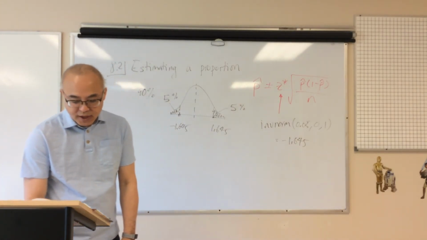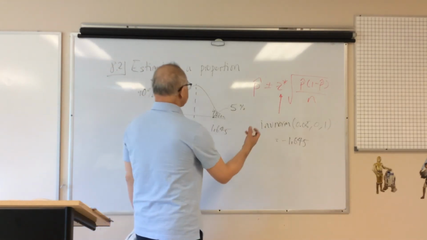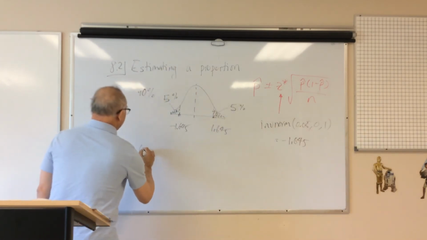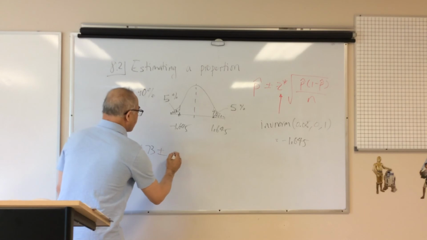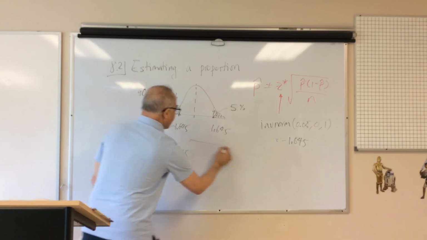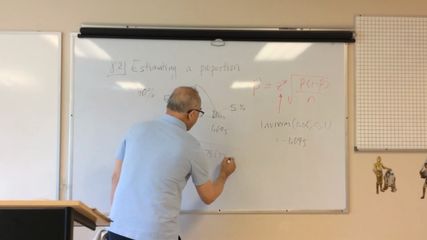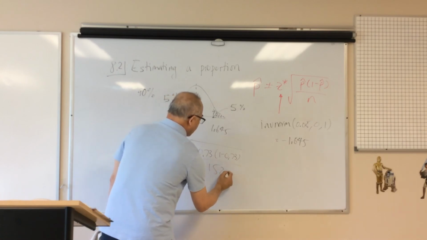B, construct a 90% confidence interval for the proportion. So let's go ahead and do that. The confidence interval itself is going to be what? Here we have 0.73, the 73% of American adults, plus or minus the z score, 1.645, times the square root of 0.73 times 1 minus 0.73 over 1520.